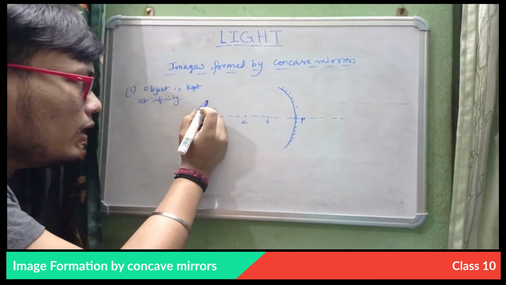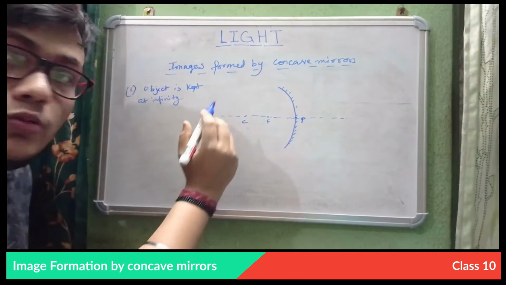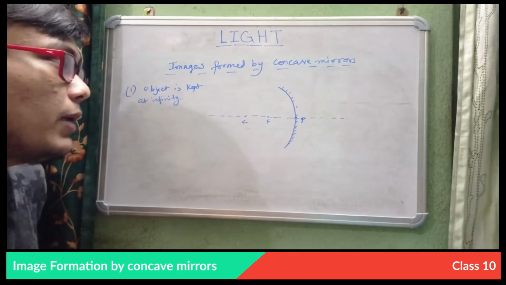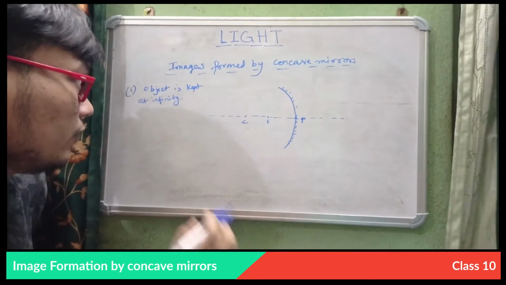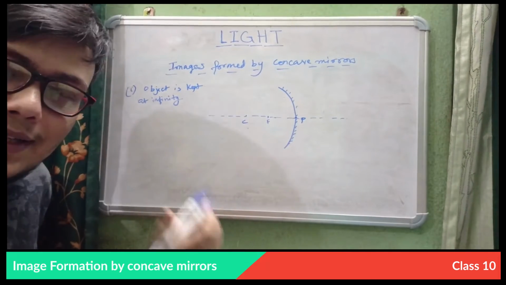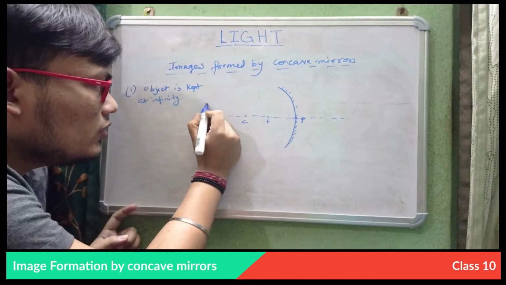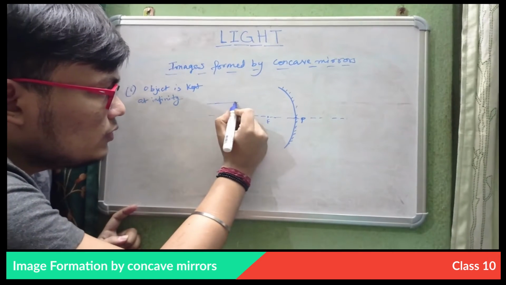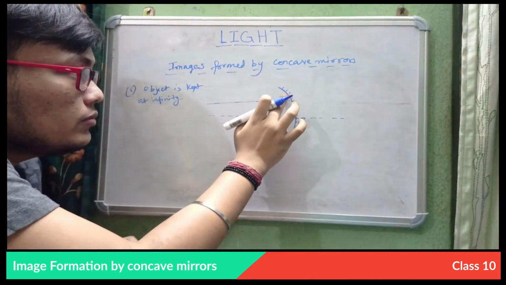When the object is kept at infinity, it is assumed that the incident rays will be parallel to the principal axis. We know that for an image to be formed, there should be at least two incident rays, right? So let the first ray be coming from this side.